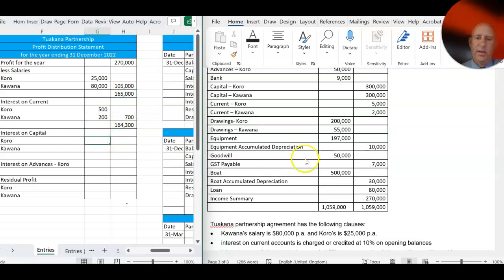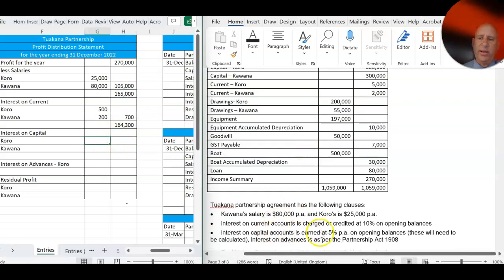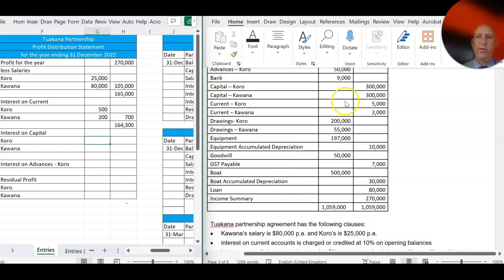Interest on capital. Just got to always check the interest on capital. It's on the opening capital. In fact, the opening capital figures we're going to use in this one are the 300,000 figures. So we've got 300,000 times 10%.